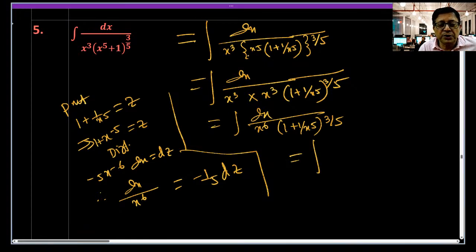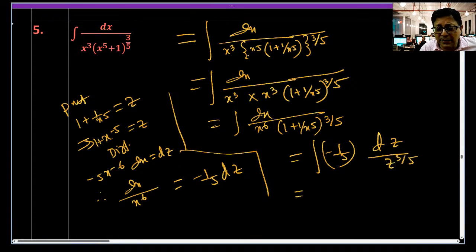So now substitute there. This is going to be of this form, minus 1 by 5 dz by z to the power 3 by 5. Minus 1 by 5 you take outside.